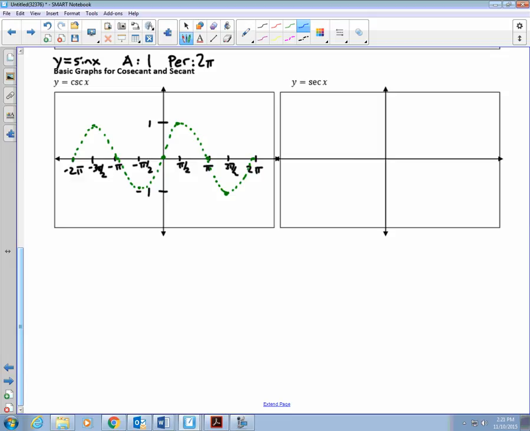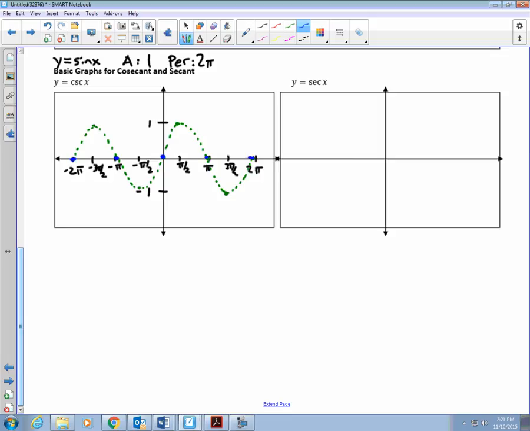Where is the graph equal to 0? You tell me when to stop, and I'll put a dot there. Can you get the idea? Those are the spots where it's equal to 0.